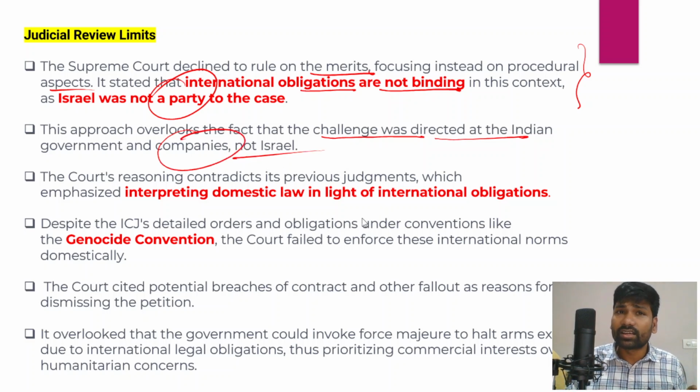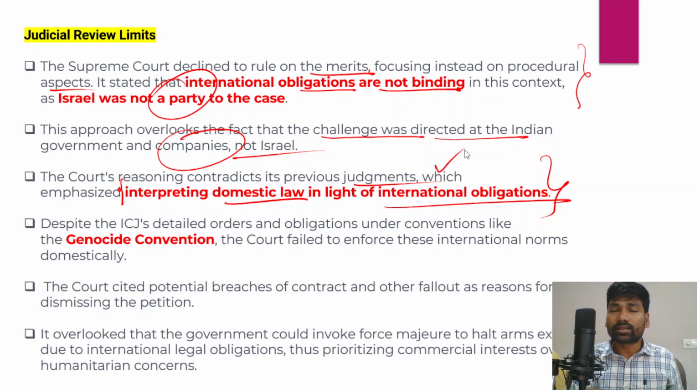And in fact, the court's reasoning while dismissing this petition has been contradictory with the previous judgments of the Supreme Court. The previous judgments have emphasized interpreting domestic law in the light of international obligations.